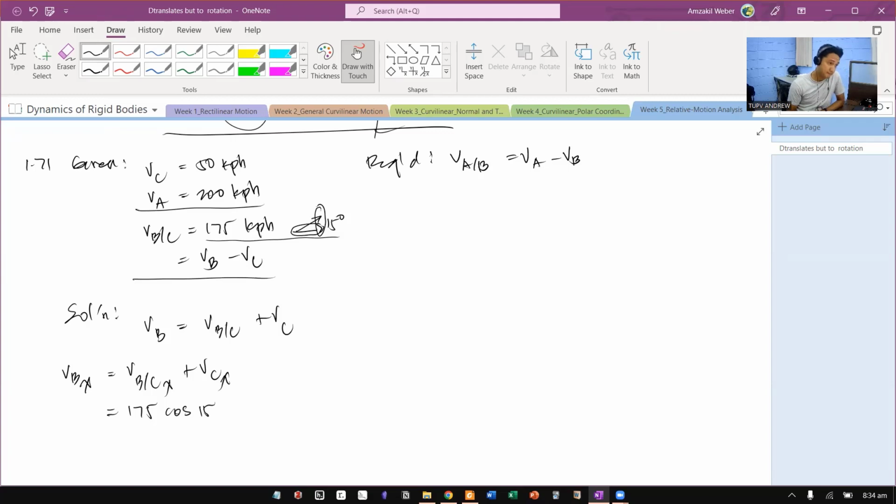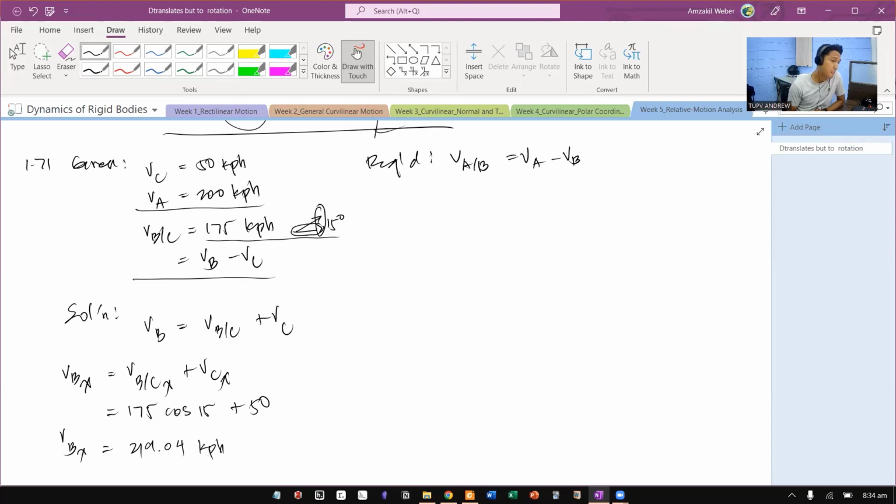What about VC? VC is just 50 kilometers per hour to the right, so we just need to add 50. So VBx is equal to 175 cosine 15 plus 50, which is 219.04 kph. Of course, this is to the right.